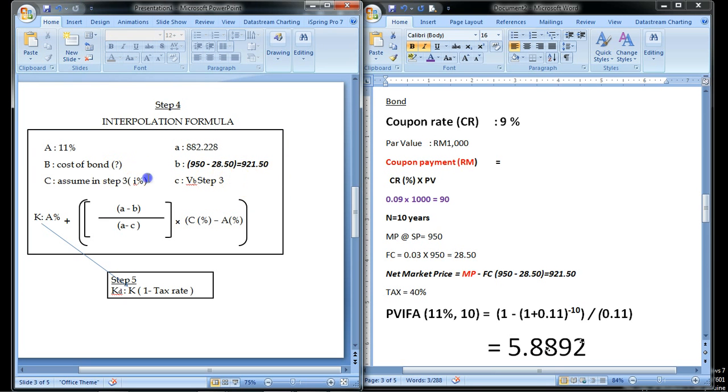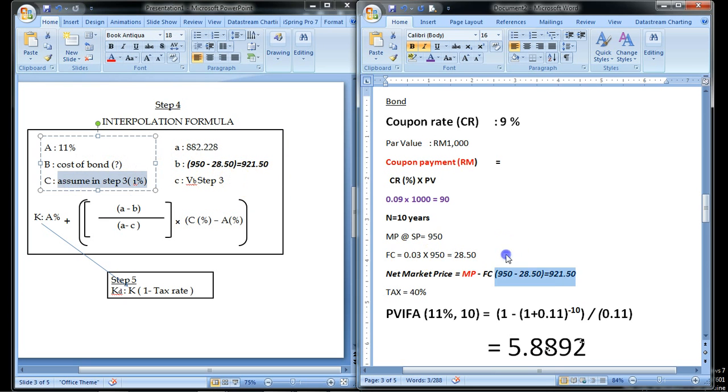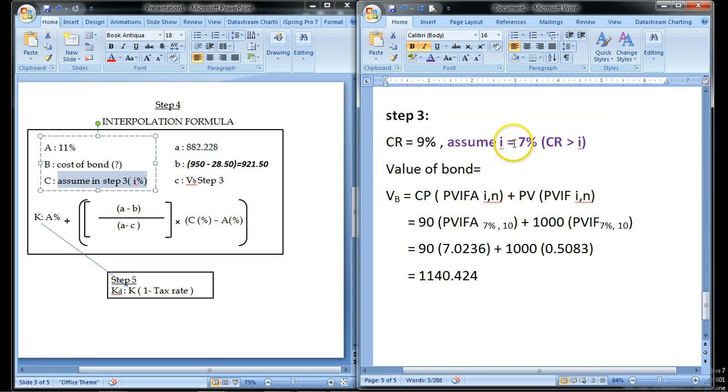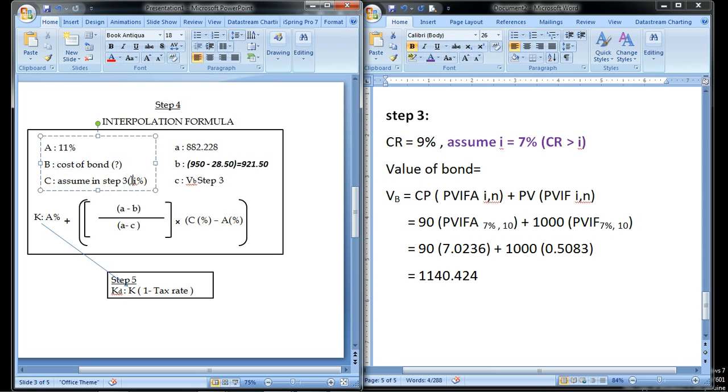Now, what did you assume just now in step 2? Yes, you assumed your I is 7%. So this is considered as 7%, class. What is your value of bond just now when you got 7%? 1140.424.